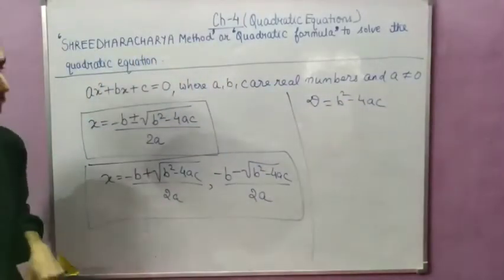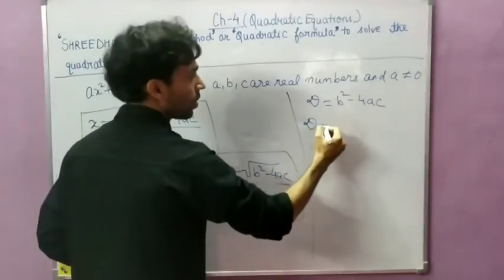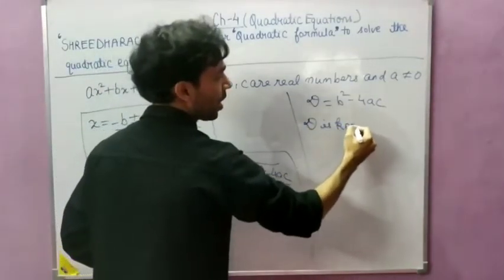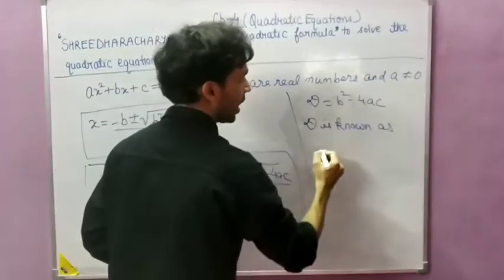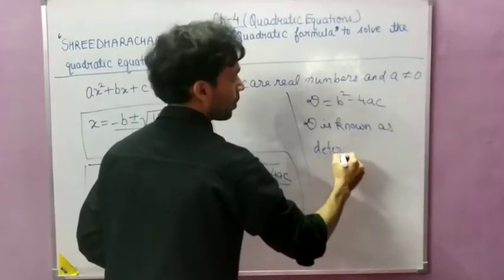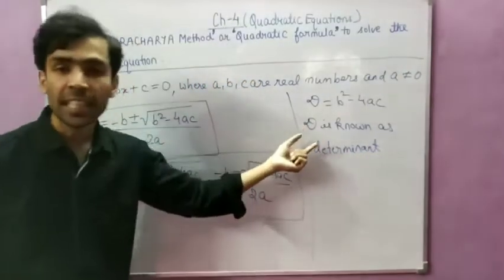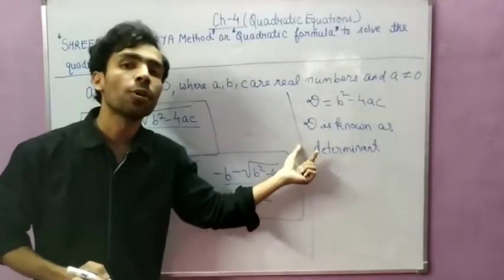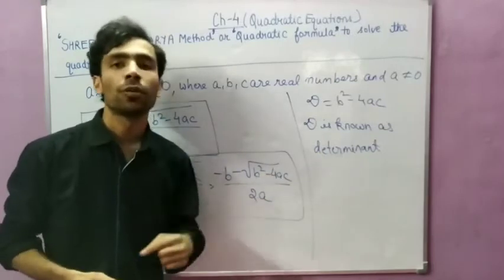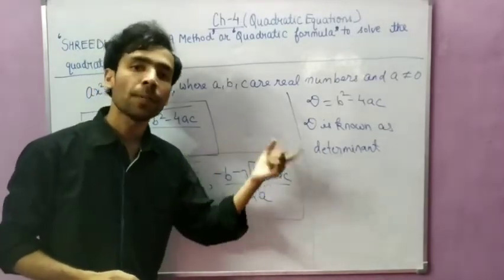Now what is D? D is known as the determinant. And this D plays a significant role in identifying the nature of the roots, which we will discuss in a later part of the video.